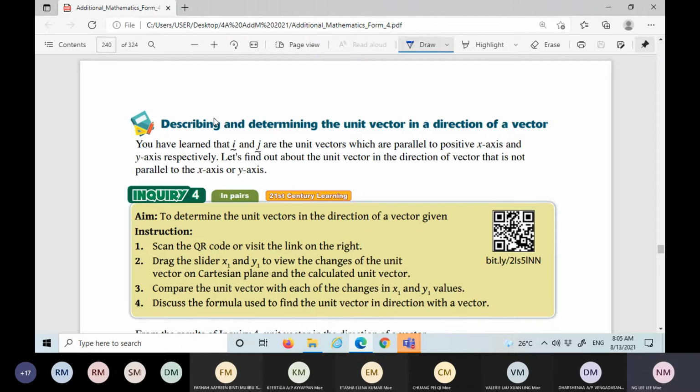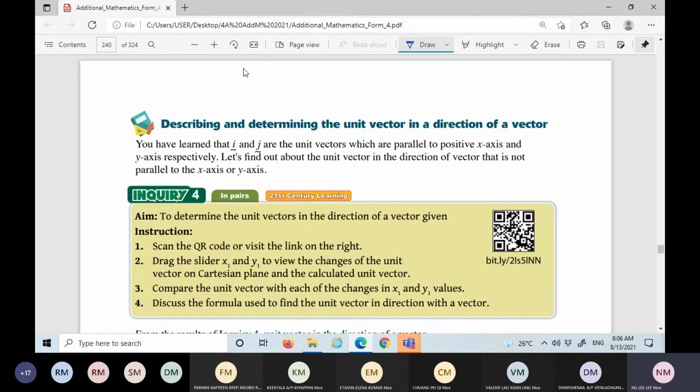Remember, this Tuesday you were supposed to have your third assessment, which is chapter 3. But because this Tuesday is a public holiday, we will do the assessment on the next Tuesday. So next Tuesday, please prepare for your chapter 3.